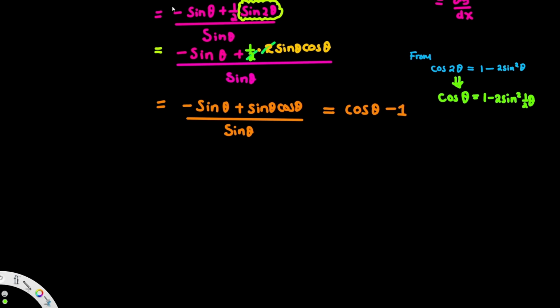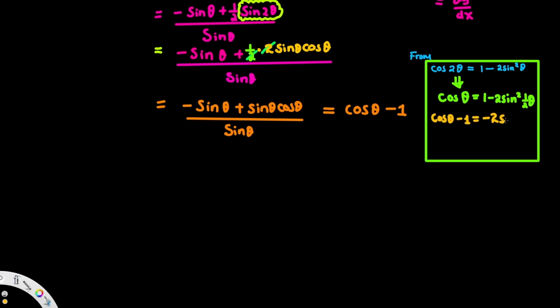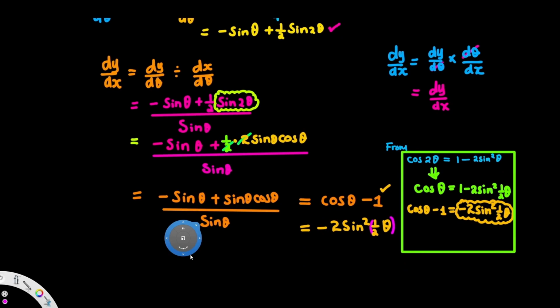So we can rearrange this part, and this part is the one that we replace. Finally, our answer is the expression that we were given. You can see we have used parametric differentiation to differentiate the parametric equations of that curve.